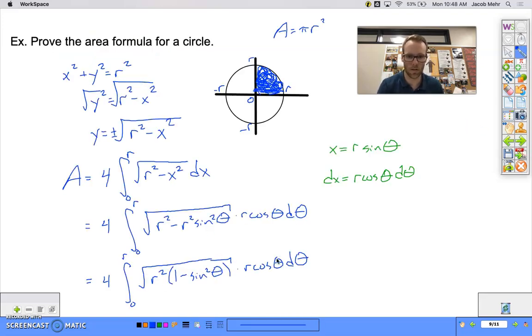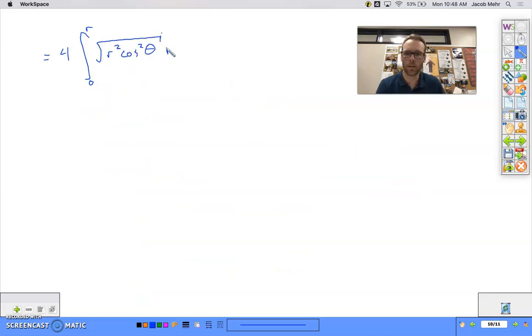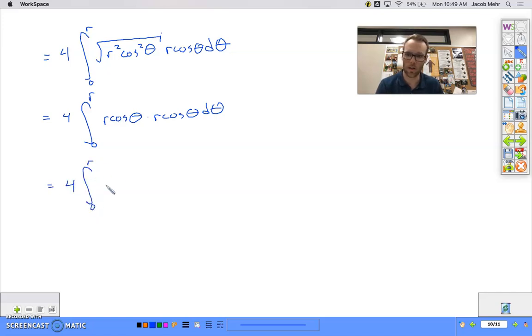R squared cosine squared, then an r cosine. Good. All right, making progress. Square root of r squared cosine squared is just r cosine of theta. So we have an r cosine of theta times an r cosine of theta, which is r squared cosine squared of theta d theta.